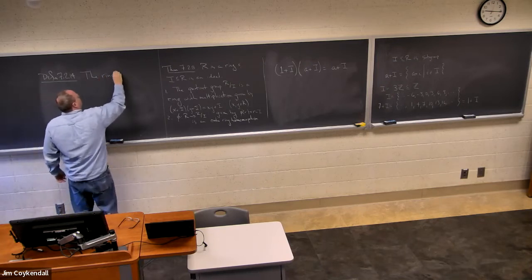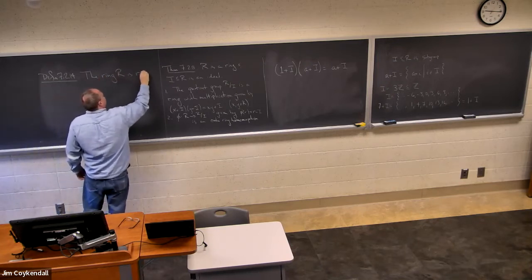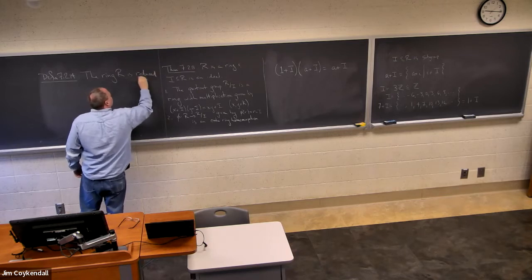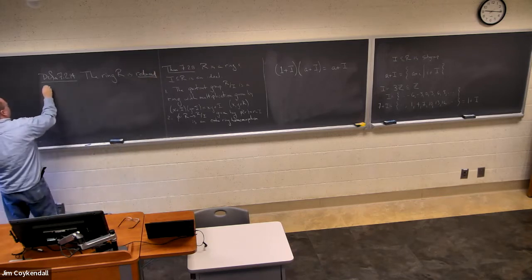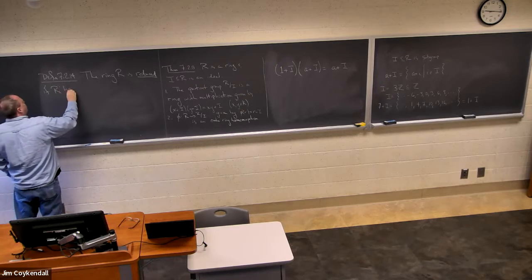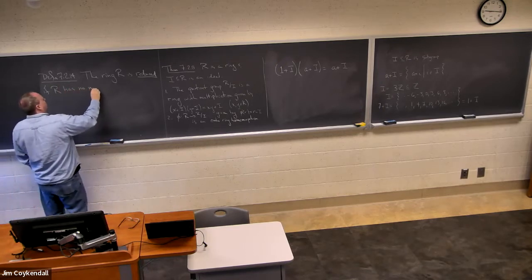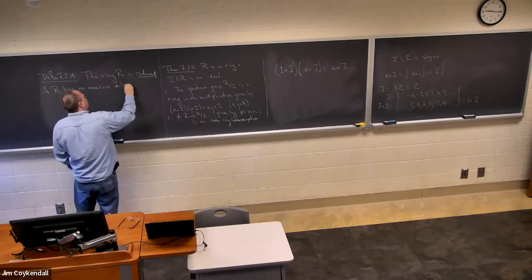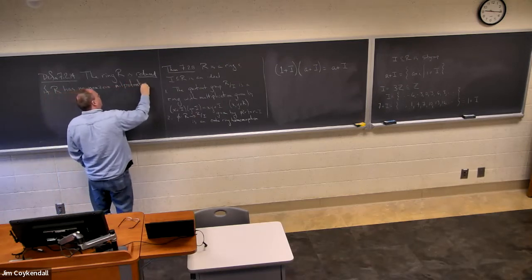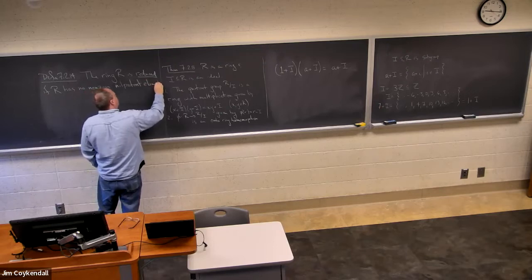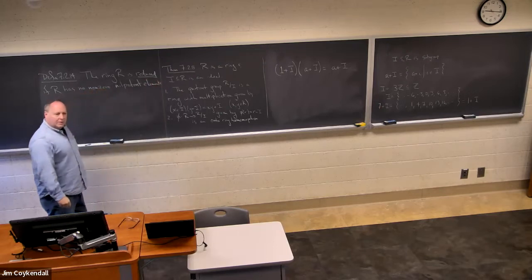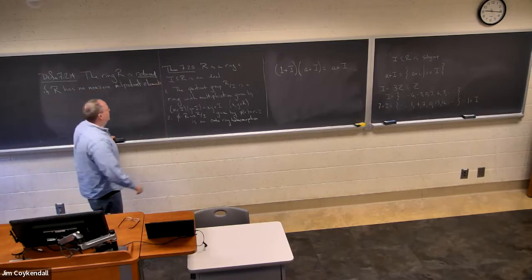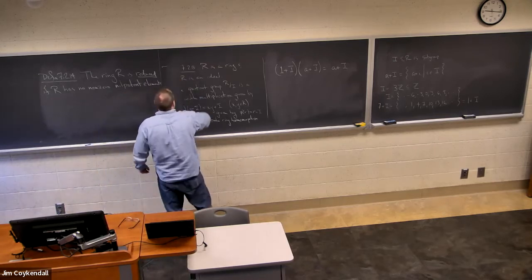R is reduced if R has no non-zero nilpotent elements. Of course, 0 is always nilpotent, but if 0 is the only one that's nilpotent, then we say that the ring is reduced.